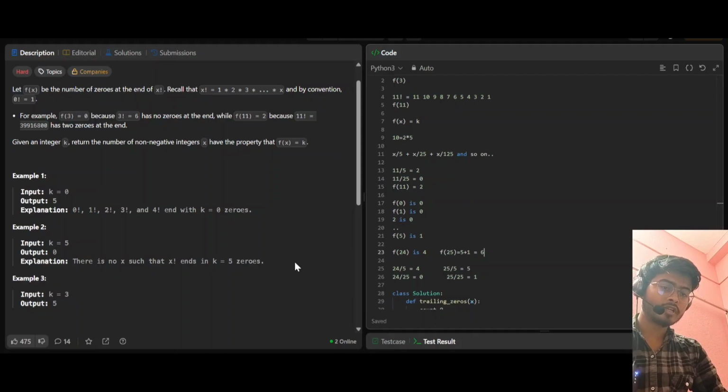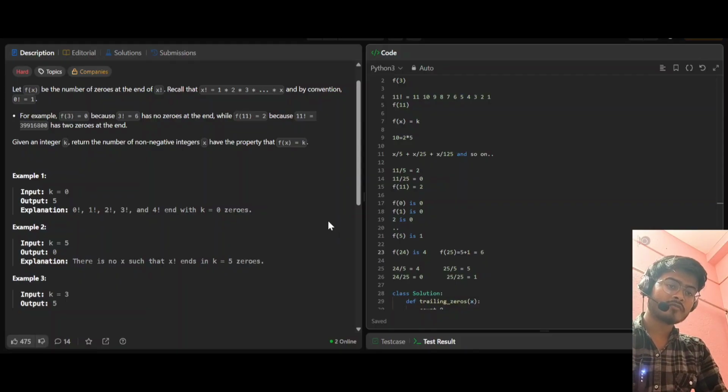So f(25) is equal to 6. The function jumps directly from 4 to 6 as we saw. And it also completely skips 5. There is no value 5. So that is why there is no value of x such that f(x) is equal to 5.